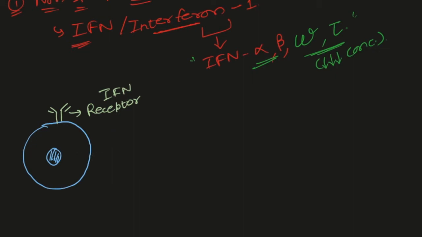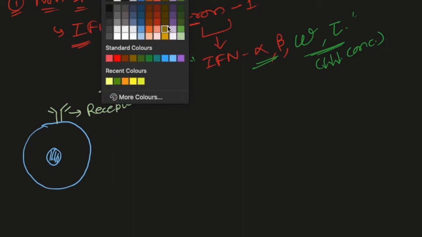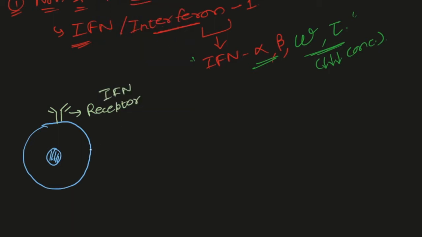Now there is another type of receptor which has the ability to bind with the viral protein, the viral protein binding receptor.